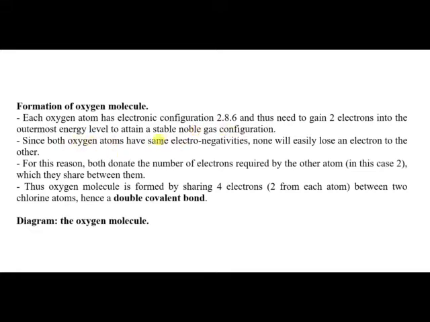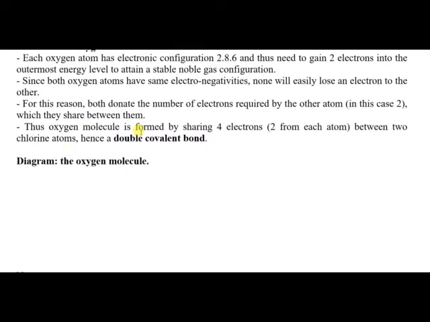Since both oxygen atoms have the same electronegativity, none will easily lose electrons to the other. For this reason, both donate the number of electrons required by the other atom, which they share between them. Thus, the oxygen molecule is formed by sharing 4 electrons between the 2 oxygen atoms, hence a double covalent bond. So we are going to look at that and draw that.